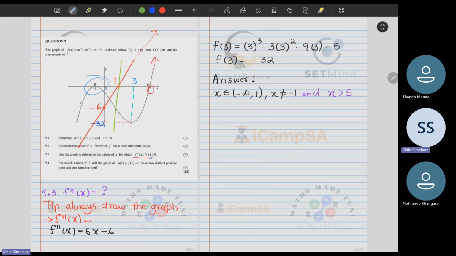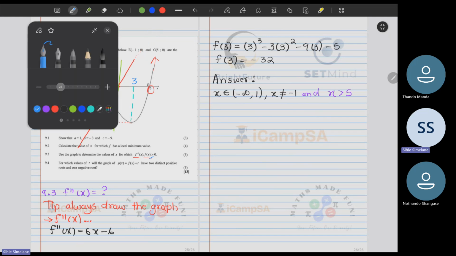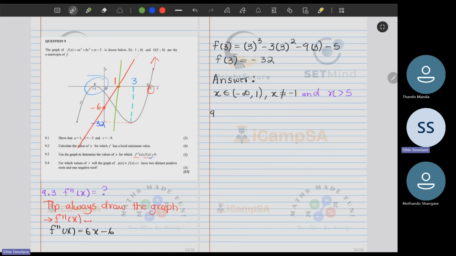So let's go ahead and, yeah, that problem is done. Let's have a look at the next one, which is 9.4. So 9.4 reads, for which t values is the graph P of x equal f of x plus t only having two distinct positive roots and one negative root?